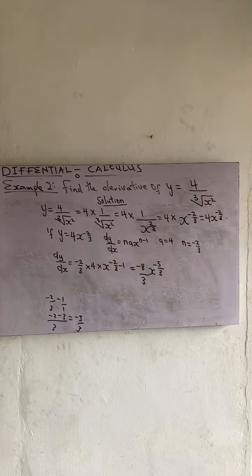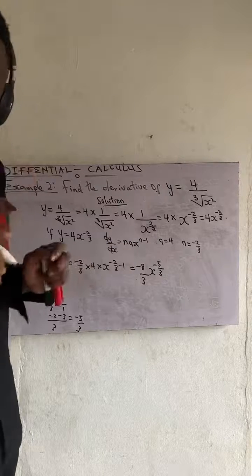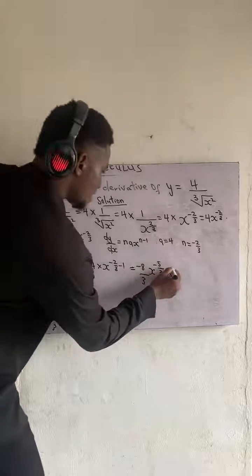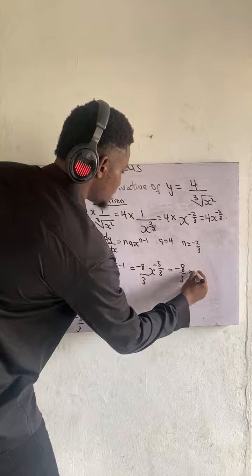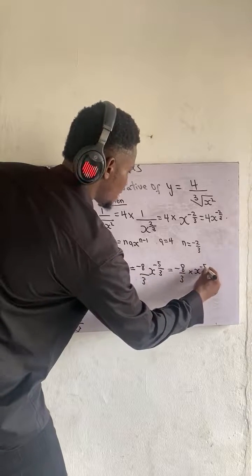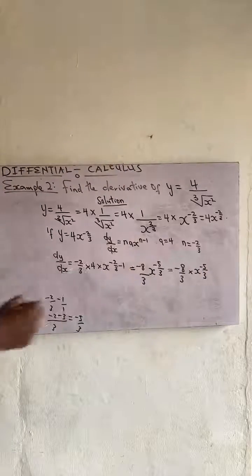Now, guys, once you've gotten to this point, we can also move further to our simplification. This is equal to minus 8 over 3 times x raised to power minus 5 over 3. Do you agree?